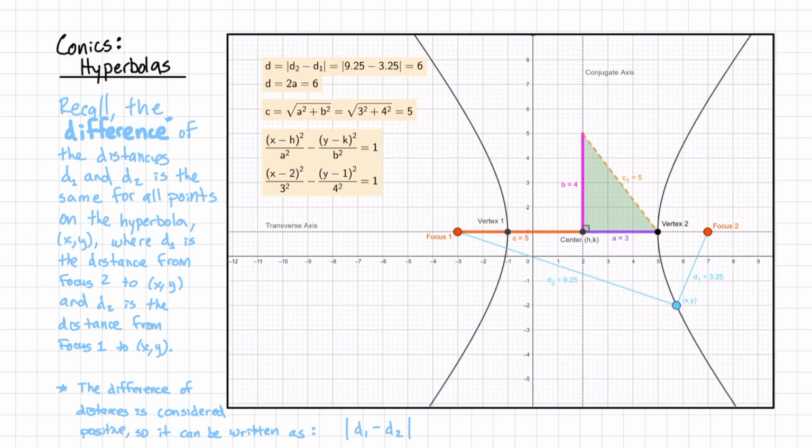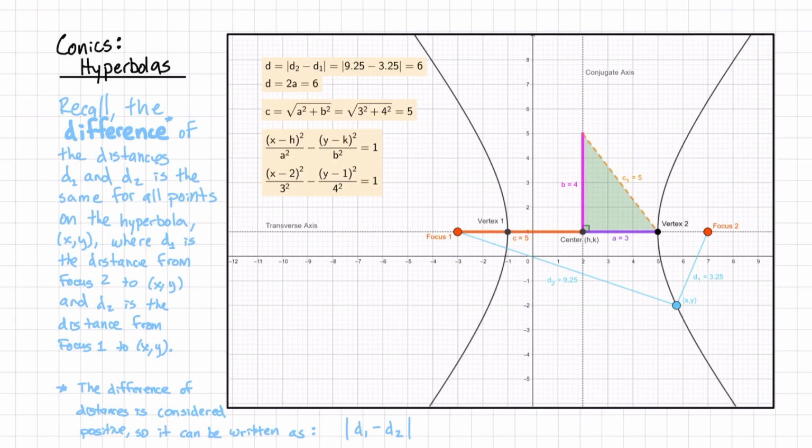A few other tidbit differences. We have these two axes again, but this time we call this the transverse axis. It's the axis that goes through our foci, our vertices, and our center. The axis that passes through the center perpendicular to the transverse axis is called the conjugate axis.